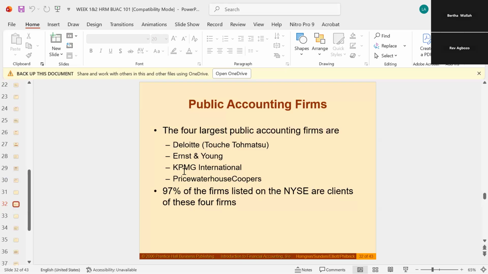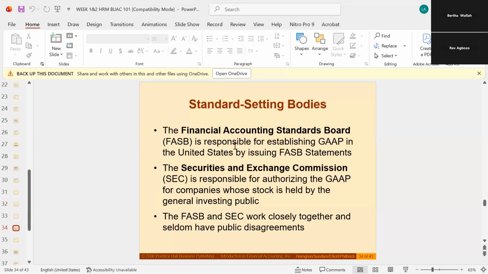In order to achieve that, there are standards for individuals to meet in preparing the financial statement. In Ghana, the standards are controlled by the Institute of Chartered Accountants, ICA, Ghana, the body that was set up by government, by an Act of Parliament, to control how financial statements are to be prepared.